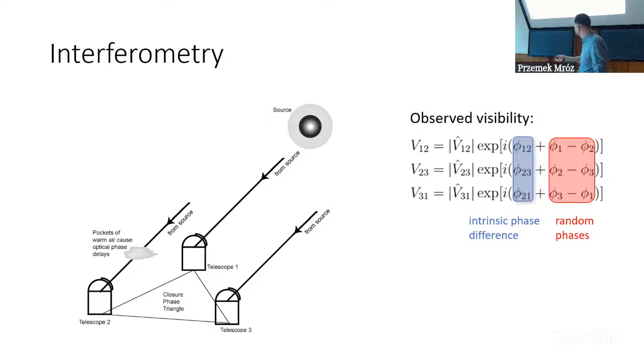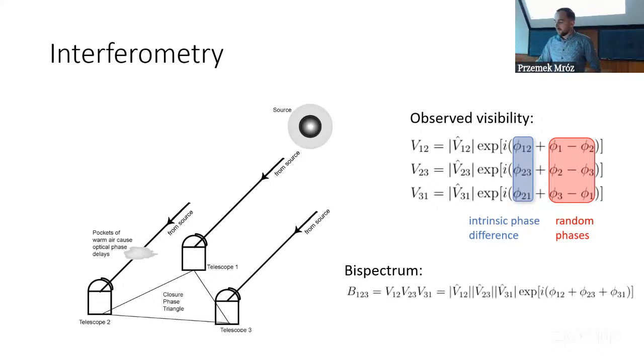So the visibilities that we are observing, the fringes that we are observing, depend on these intrinsic phases due to the shape of the source star, but also on some random phases that are introduced by, for example, packets of warm air. And when we combine these 3 visibilities, we get the bispectrum, which has a phase known as the closure phase.